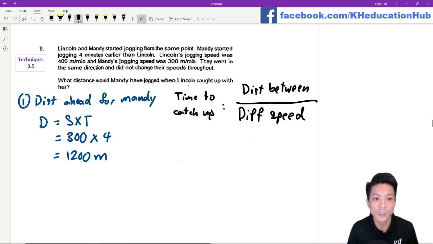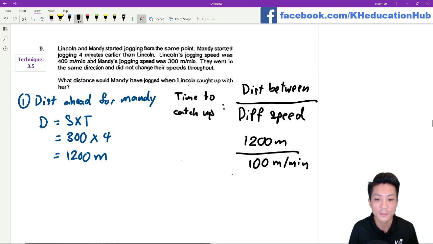The distance between Mandy and Lincoln would be 1,200 meters. The difference between their speed would be 100 meters per minute. This will give me 12 minutes, which means that Lincoln will take 12 minutes to catch up to Mandy, and Mandy will travel another 12 minutes.